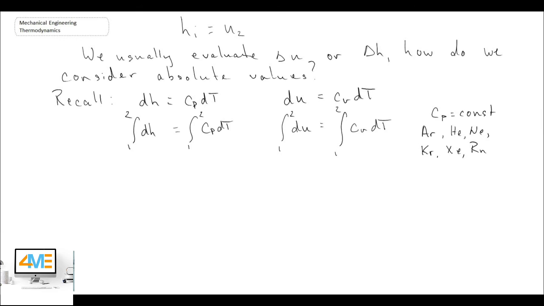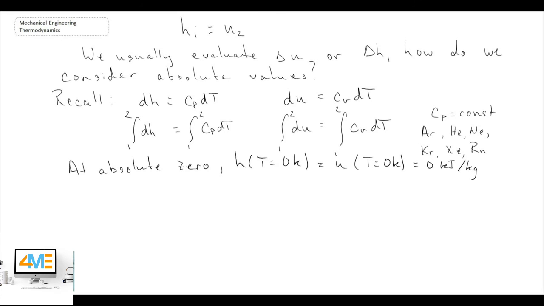So what we need to do is integrate this equation from some base state to the point at which we have an interest. And what we're going to say is that at absolute zero, we'll say that both the enthalpy and the internal energy are 0 kilojoules per kilogram.